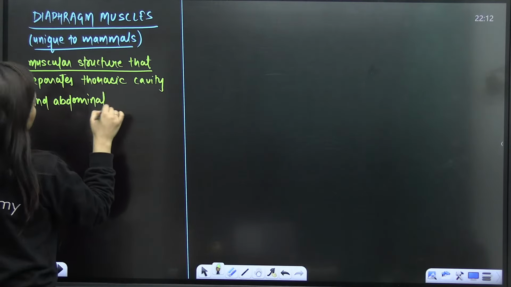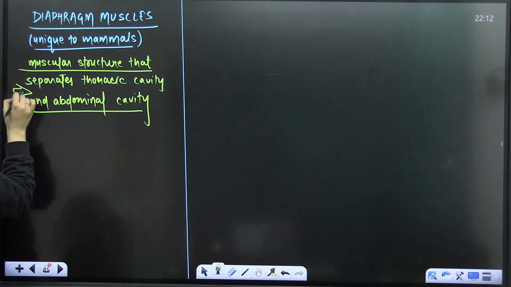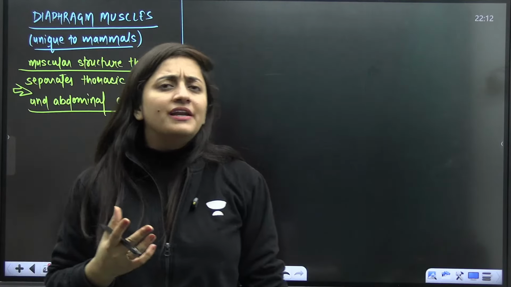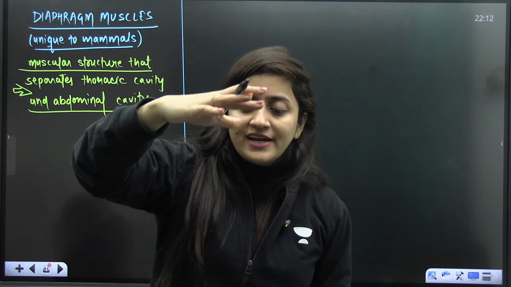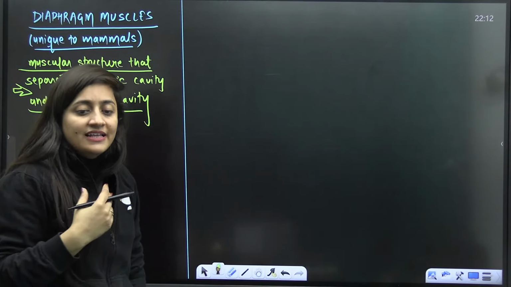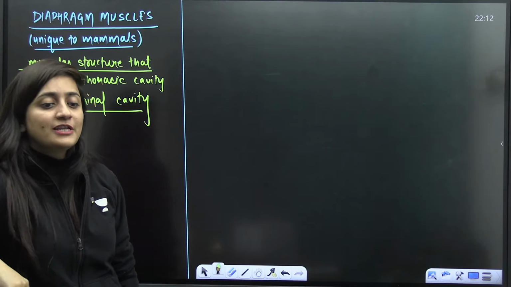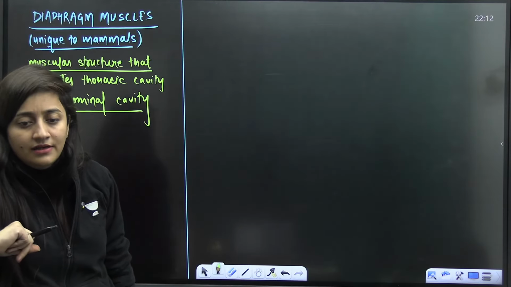Its position varies. Right now I told you it is dome shaped, but it is not mandatory that it will always stay like that. We will discuss how inspiration and expiration change its position. Is that clear?